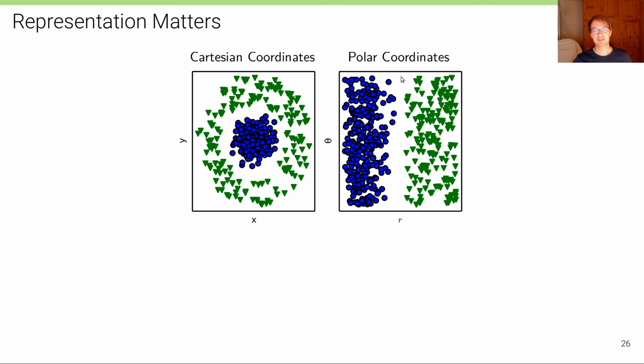We can see that now suddenly it becomes possible to actually separate the two classes with a linear decision boundary. So the representation of the data really matters, and that's what deep learning is about, to find good representations at intermediate stages of a computation graph, as we will see in the next unit.